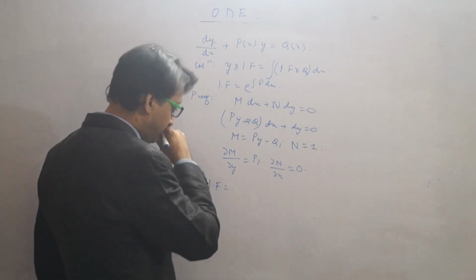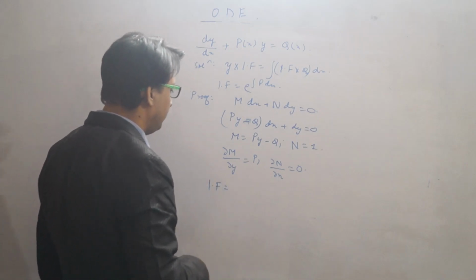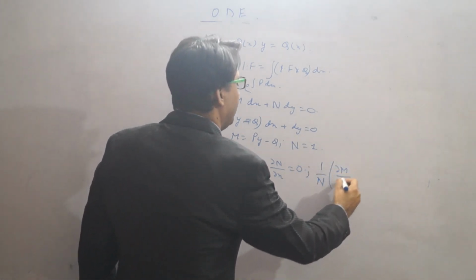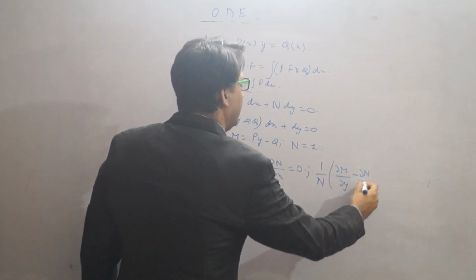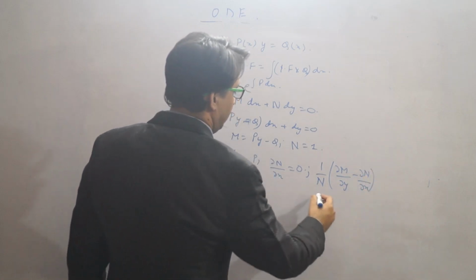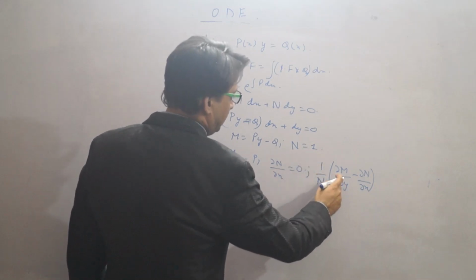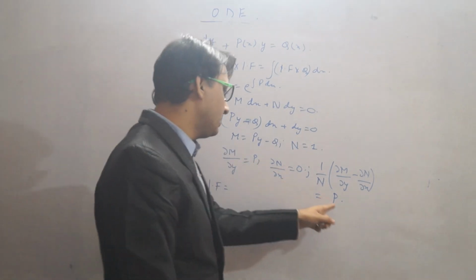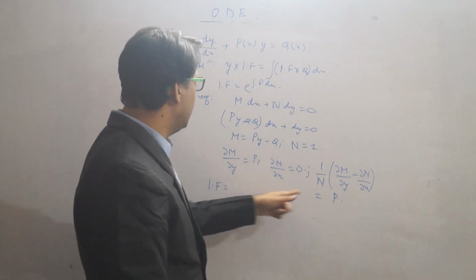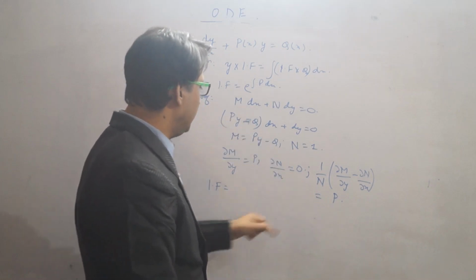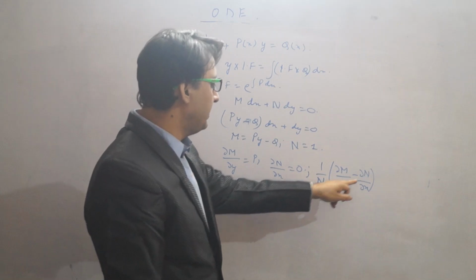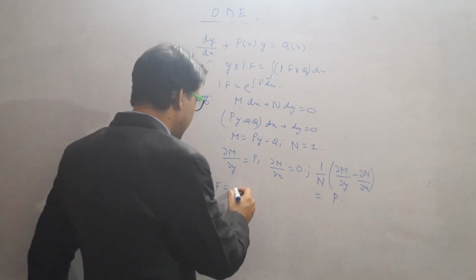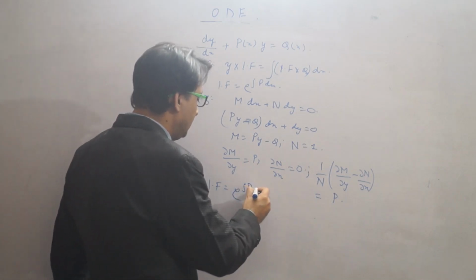Suppose we want to find the integrating factor. First of all, we take 1 by N into (dou M by dou y minus dou N by dou x). N is 1, this is P, this is 0, so it is P. And P is a function of x. In the earlier proof we studied that if 1 by N (dou M by dou y minus dou N by dou x) comes out to be a function of x, then the integrating factor is e to the power integral of P dx.